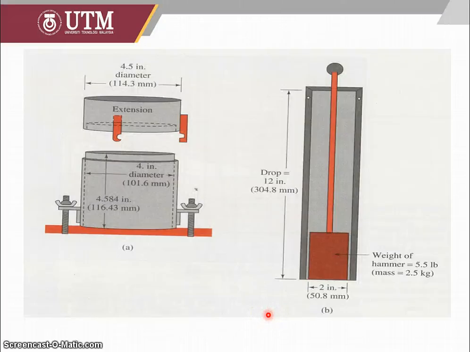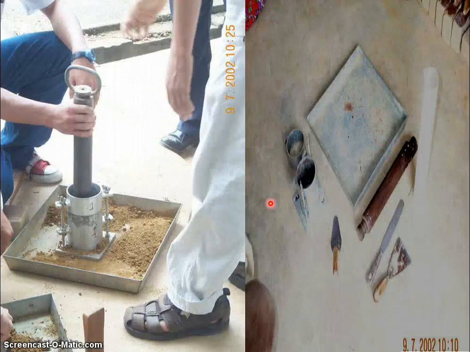This is the schematic diagram of the mold with a volume of 1000 cubic centimeters. This is what I call the collar or extension, and this is the base plate. The mold is attached to the plate, and this is the hammer that we use, and the weight of the hammer is about 2.5 kilograms, and the drop is about 300 millimeters.